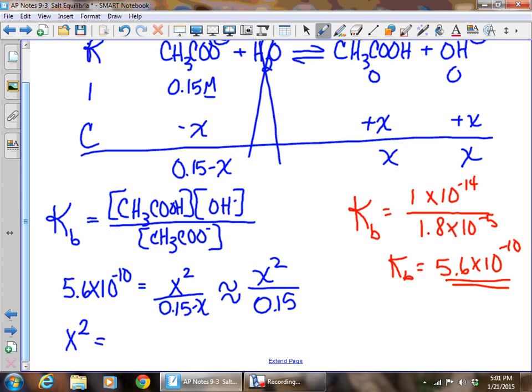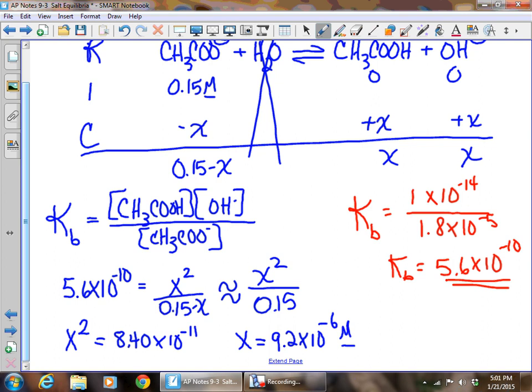X squared, when we multiply 0.15 times 5.6 times 10 to the minus 10th, we get 8.40 times 10 to the minus 11th. And if that's x squared, then square root that, and we'll get a value of 9.2 times 10 to the minus 6th. And that's a molarity.